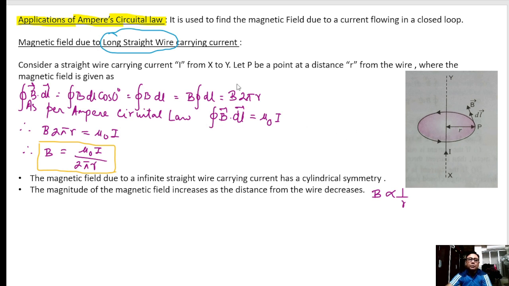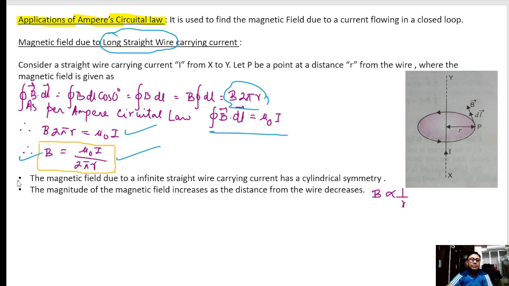But Ampere Circuital Law says that line integral of B dot dl should be mu 0 I. So if this is mu 0 I, we can find the magnetic field. So how easily we can calculate the magnetic field due to a long straight wire, right?